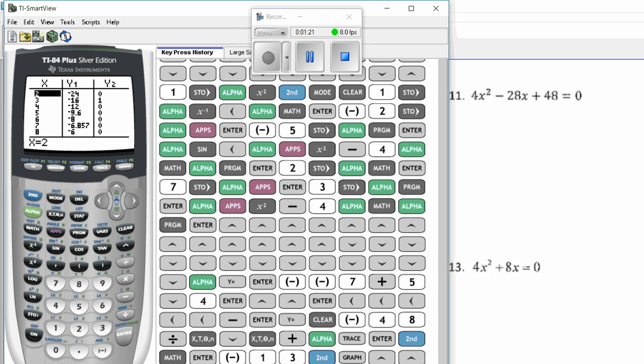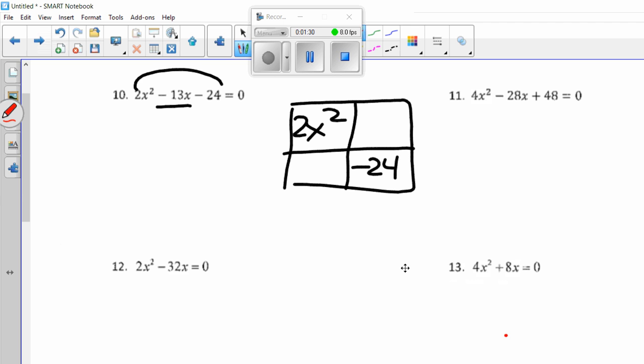So I've got a positive 3. Right? 1 means true. So positive 3 and negative 16 is going to give me a negative 13. So now I just factor out my common factors. So I've got here x, and here I've got a negative 8.